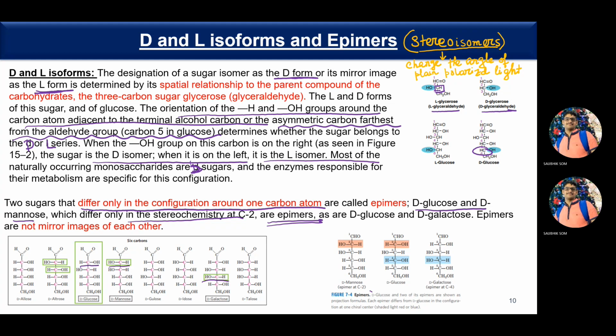If a sugar has only two stereoisomers, then they are known as enantiomers. For example, glyceraldehyde has only one chiral carbon atom, this one, so it has only two stereoisomers, and they are known as enantiomers. Okay.